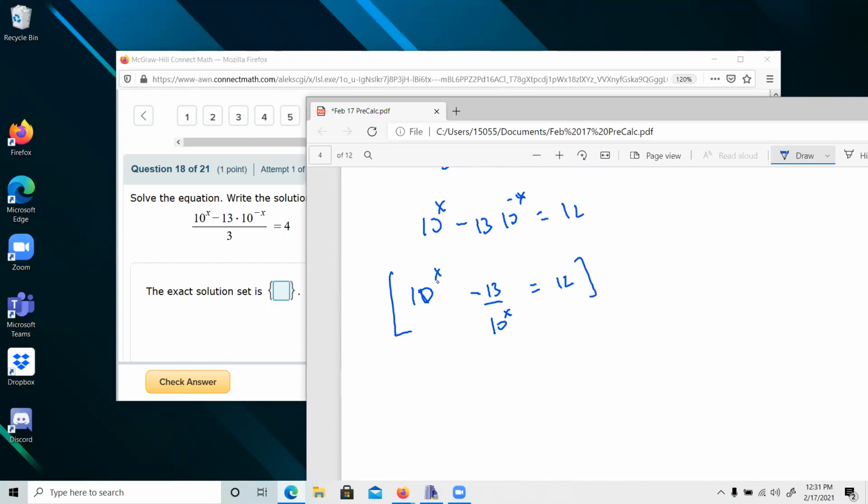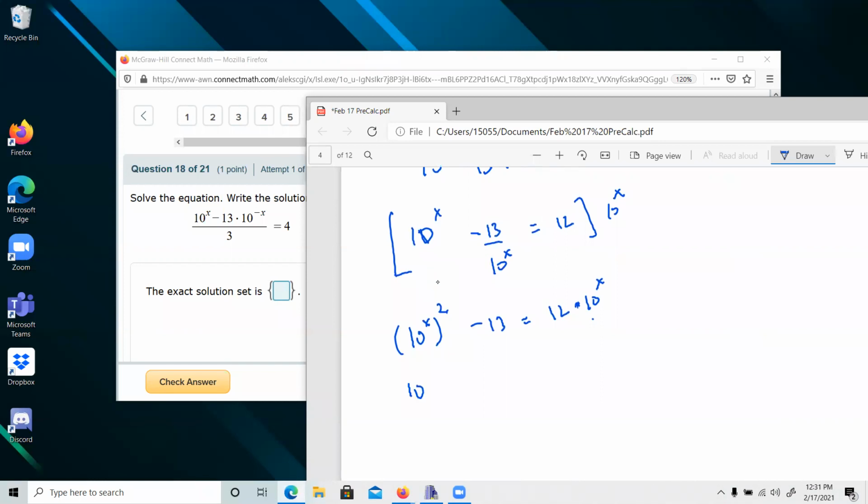So what we're going to do here is multiply by 10 to the x. So we're going to have 10 to the x squared minus 13 is equal to 12 times 10 to the x. And again, can't multiply those together for the same reason we just did. Okay. So we're going to say this is 10 to the x squared minus 12 times 10 to the x minus 13 equals 0.